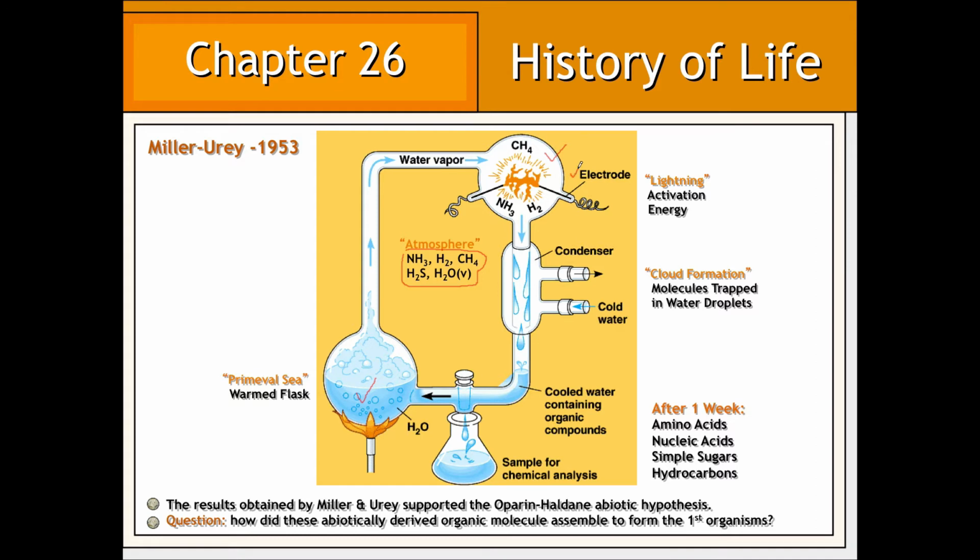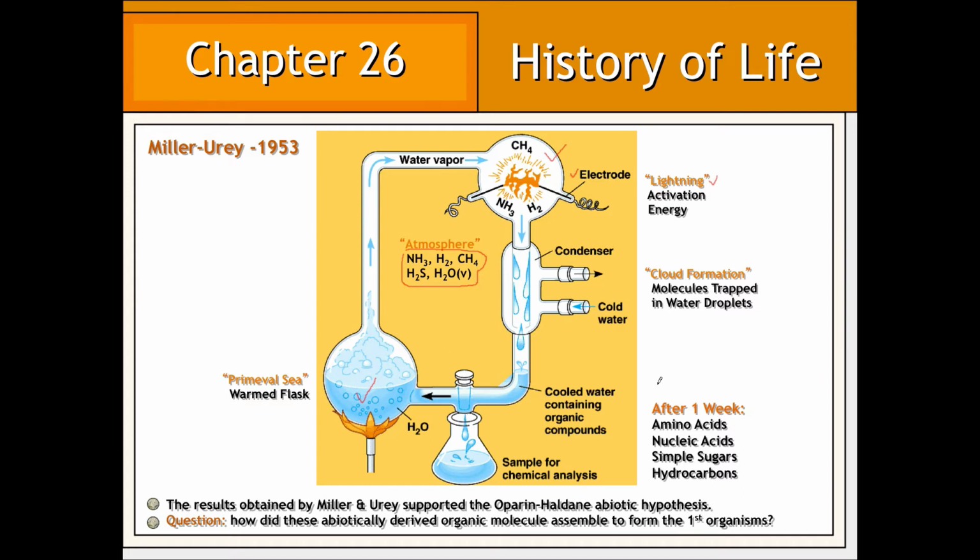Electrodes supplied sparks simulating lightning strikes to supply the necessary activation energy for many of these gaseous compounds to potentially react. A condenser then directed any of these compounds back into the primeval sea, whereby they could be collected and ultimately analyzed.